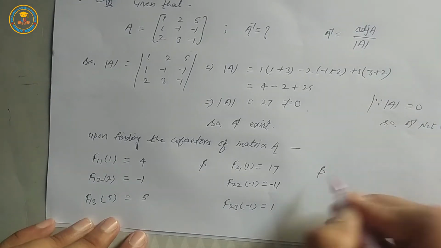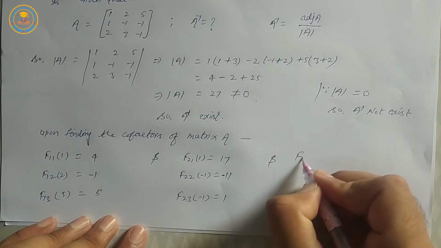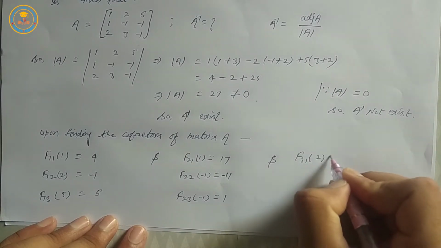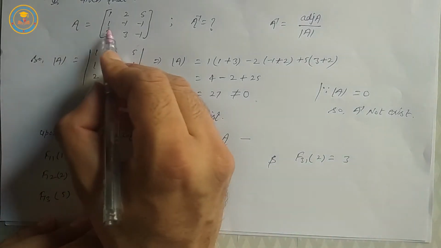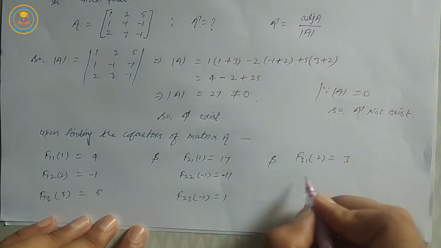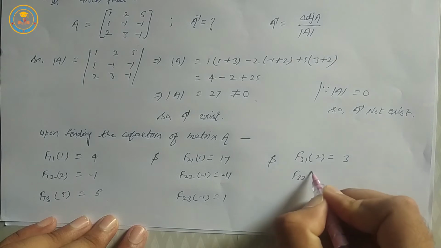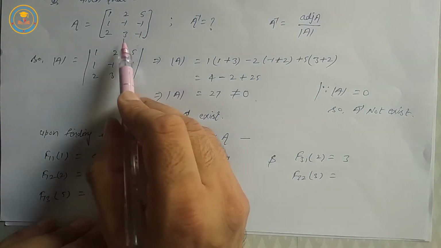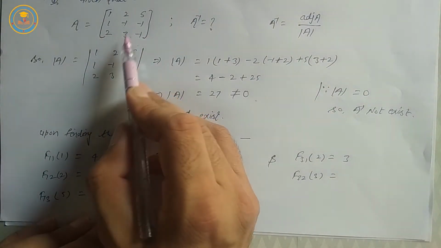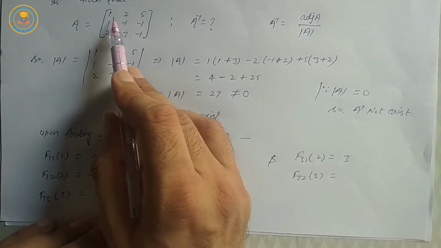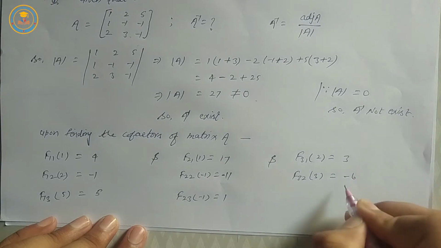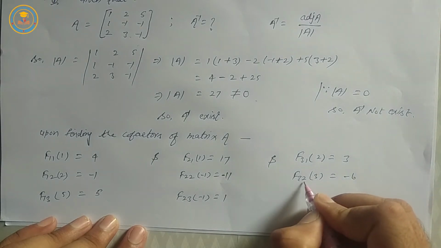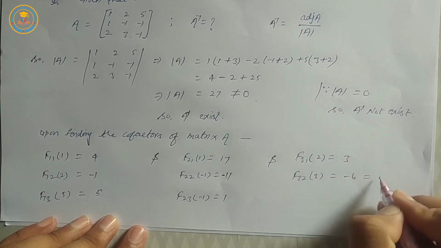Okay, and F31 is equal to 3. F32 is equal to minus 1 minus 5, minus 6, it means 3 plus 2, 5, odd number, it means positive 6.